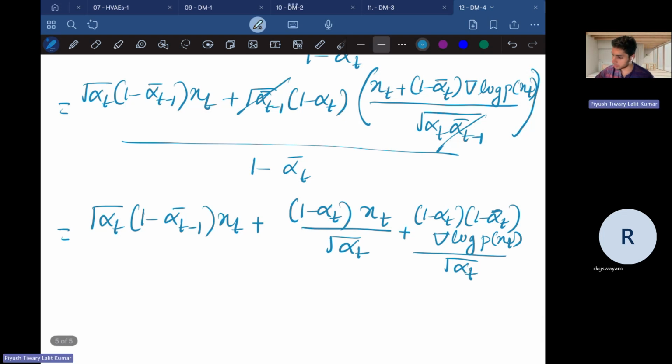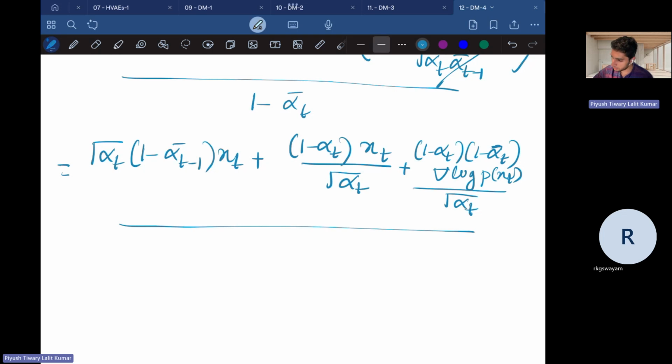Is it correct? Yes. The whole thing divided by 1 minus alpha t bar. Okay. I'm just simplifying things.